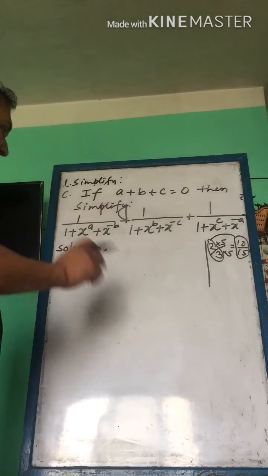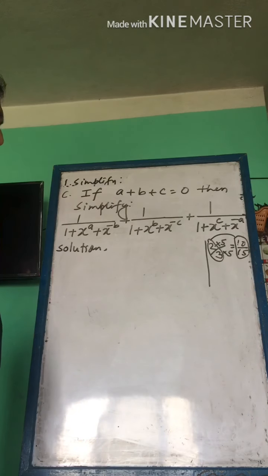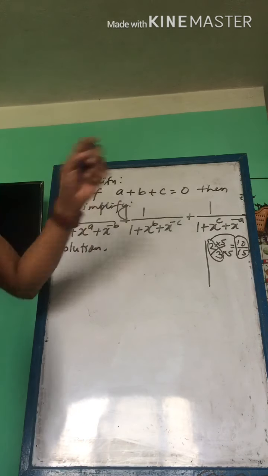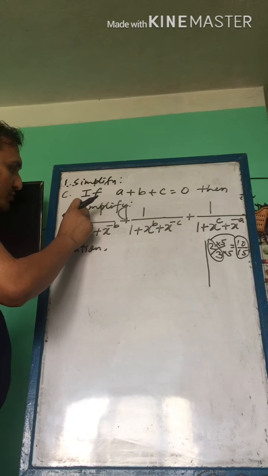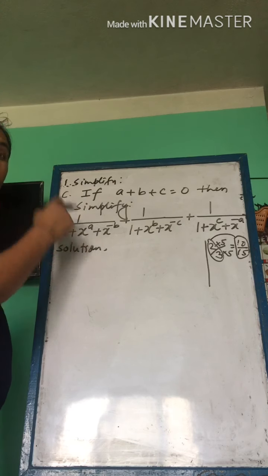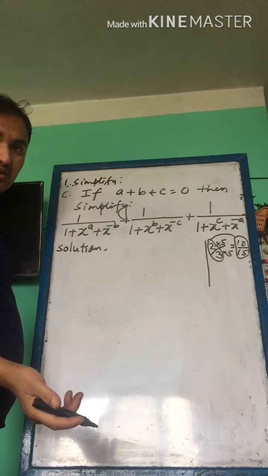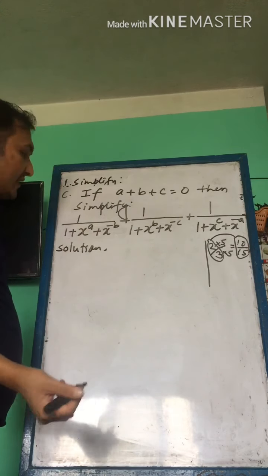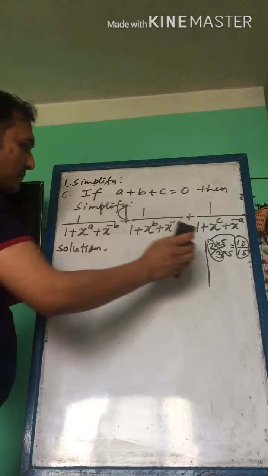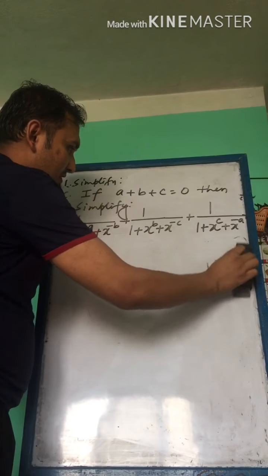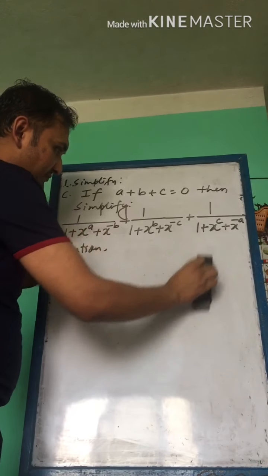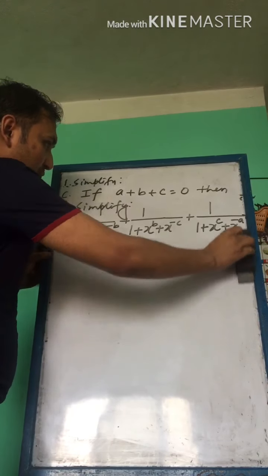Here also we do the same in this problem. Look at the first fraction. We multiply the numerator and denominator by the same quantity so that we can get the two fractions as like fractions. So you should know by what we have to multiply.